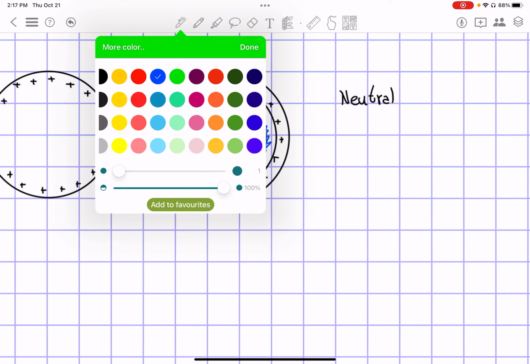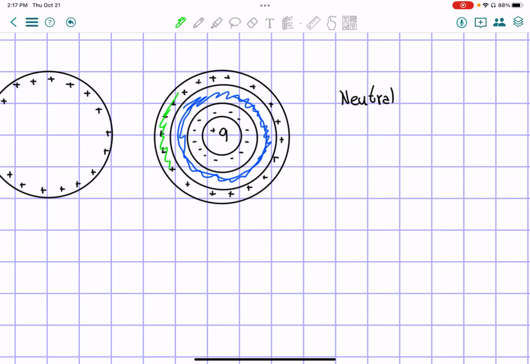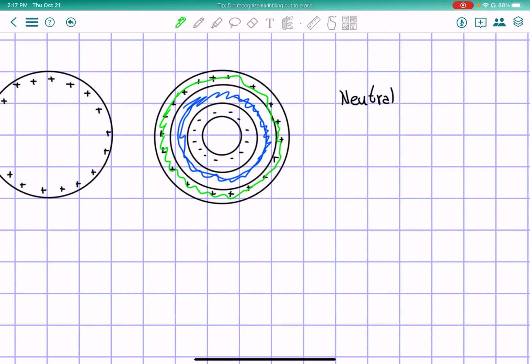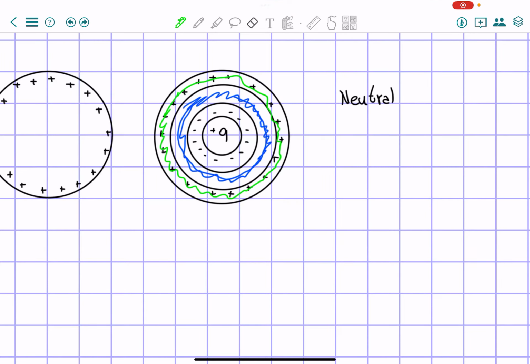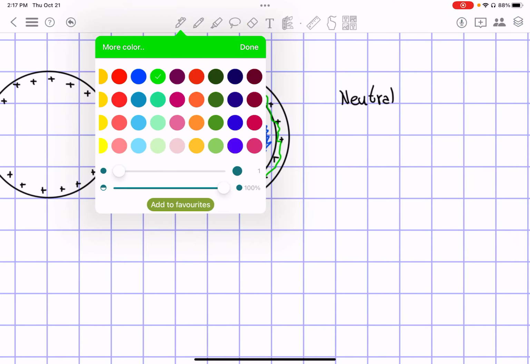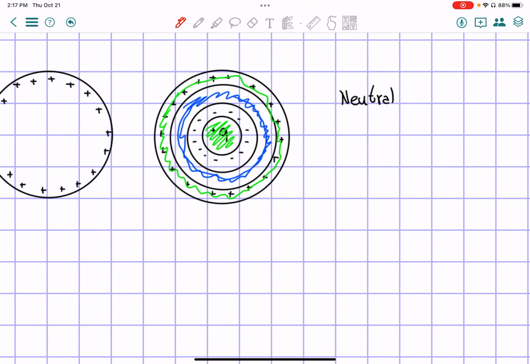So the positive, let's make it green, will be on the outside here and on the inside. And then the negative charge, the red, will be right here.